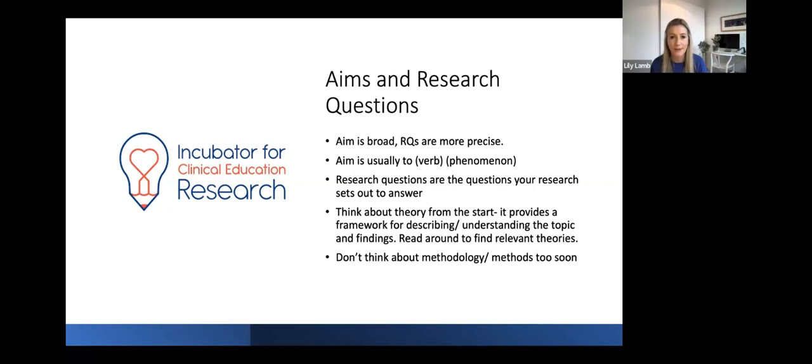And that's potentially a yes or no answer, and a much more positivist type of research question, that's going to change the method you use, and you'd probably be more likely to use quantitative methods and do statistical analyses. Whereas if you want to understand why something is happening due to an intervention in medical education, you're going to be much more likely to adopt a qualitative approach. So really important to nail down what your aim is, and what your initial research questions are anyway, before thinking about methods.